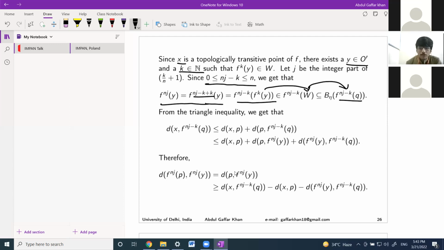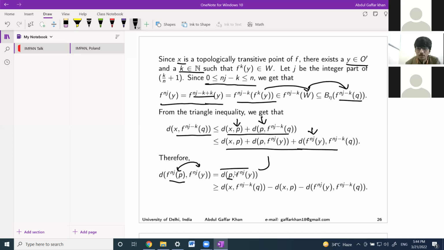Again, applying the triangle inequality on the set, we will observe that this will occur. The triangle inequality is applied using the point P and f^{nj}(y); we have inserted this point. We further observe that the distance between f^{nj}(P) and f^{nj}(y) is nothing but this, because P has period n, so f^{nj}(P) is nothing but P.